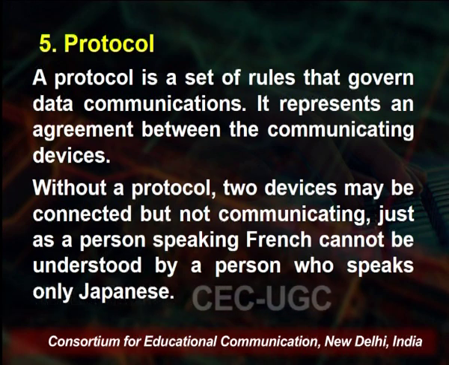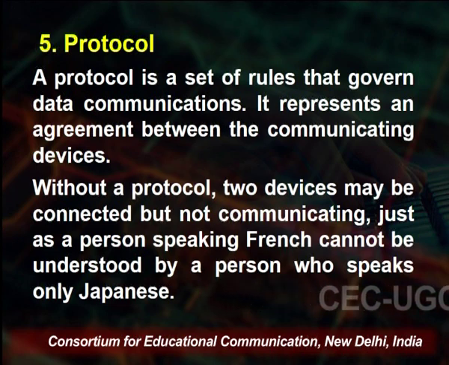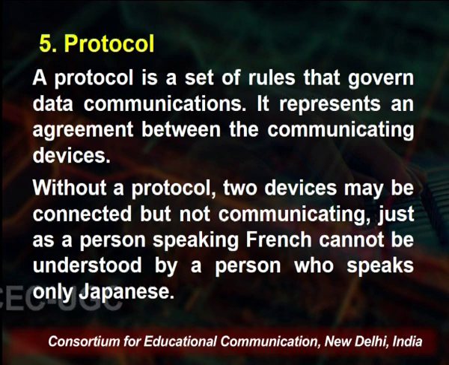Now, who are the communicating devices? Taking a simple scenario, communicating devices here are the sender and the receiver. So, some kind of agreement should be there, maybe about the language, about the speed, or about the way in which the data is being sent. Those rules which are going to govern the data communication are known as protocol.